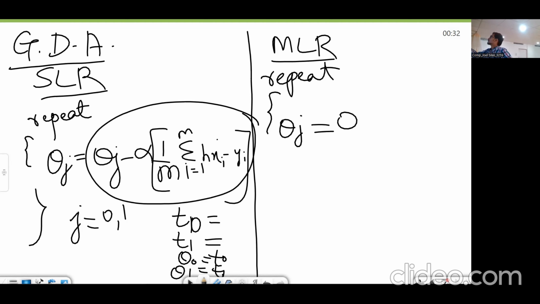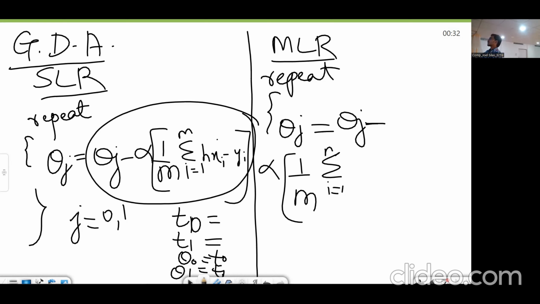Theta j is equal to theta j minus alpha times 1 by m, summation of i from 1 to m, of h of x(i), where x is nothing but the feature vector.